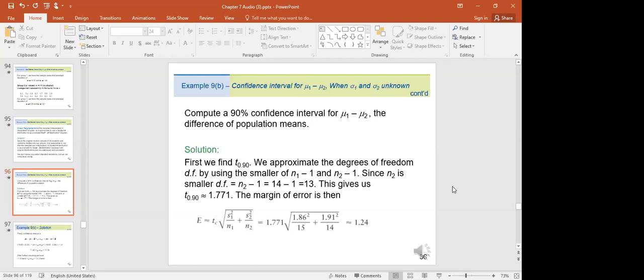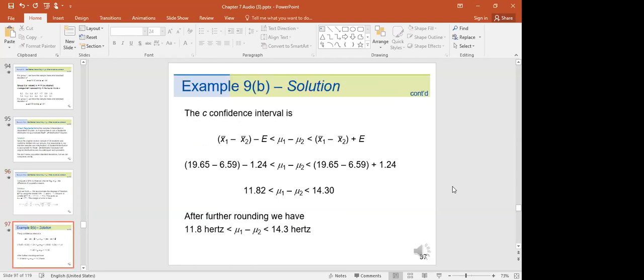I got 11.868 and 14.254. Those two numbers are the minimum and the maximum. So using those, if we were doing it manually, this is what we will get.